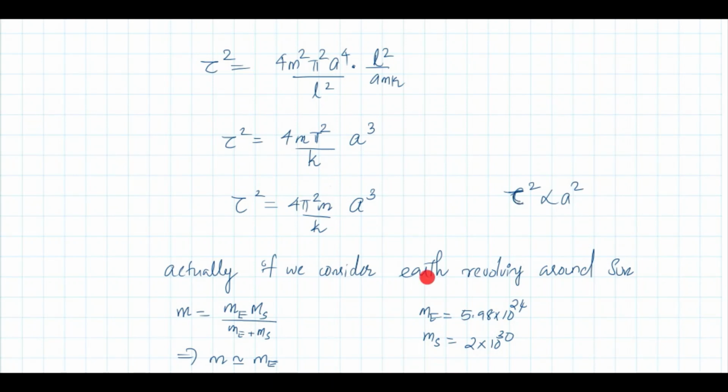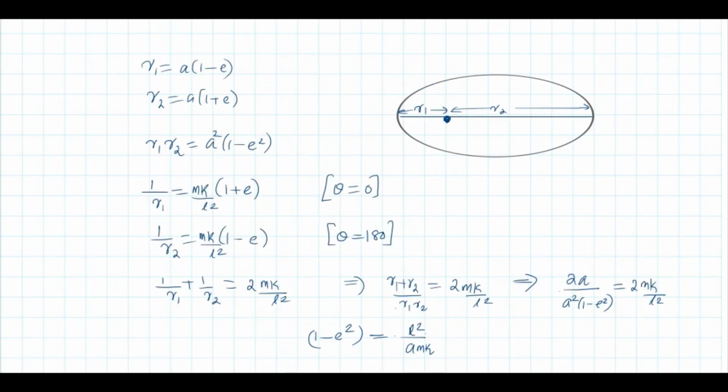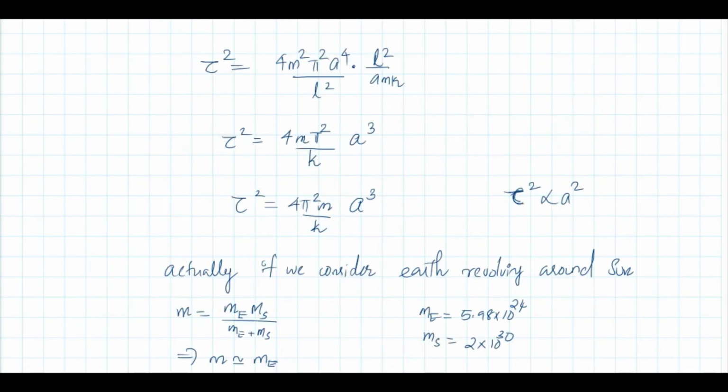Actually, if we consider Earth revolving around the Sun, this m should be replaced by the reduced mass. That is the idea of reduction of a two-body problem into an equivalent one-body problem. Here we used the expressions for a single-body problem, and in order to make it a two-body problem, you have to substitute this m as the reduced mass of Earth and the Sun, which is me ms divided by me plus ms. Me is 5.98 into 10 to the power 24 kilograms, and mass of Sun is 2 into 10 to the power 30 kilograms.